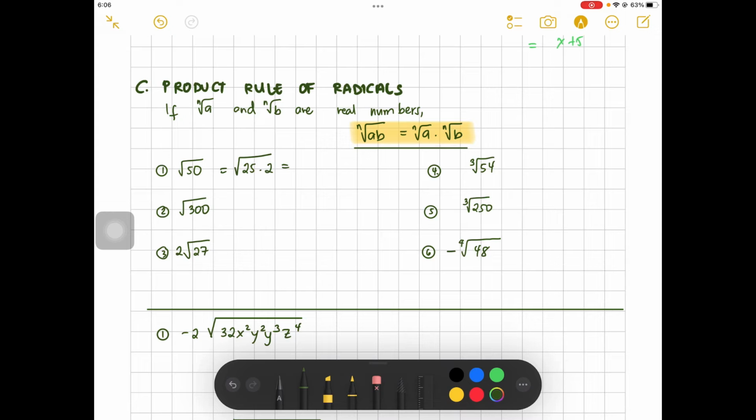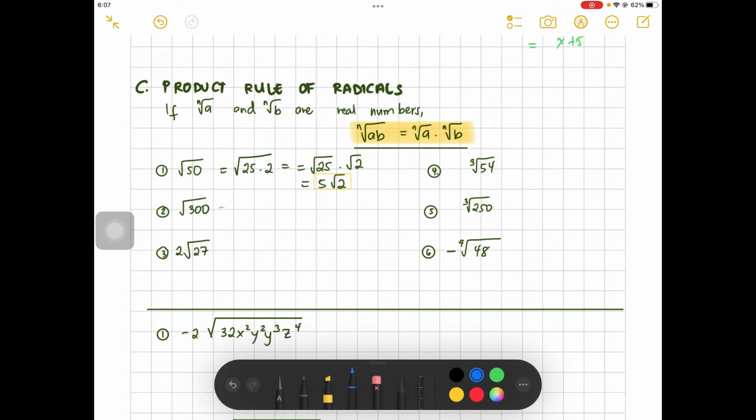Then applying this property, we can do this, square root of 25 times square root of 2. Then we can now simplify square root of 25, which is 5, and then square root of 2. So square root of 50 is equal to 5 square root of 2.